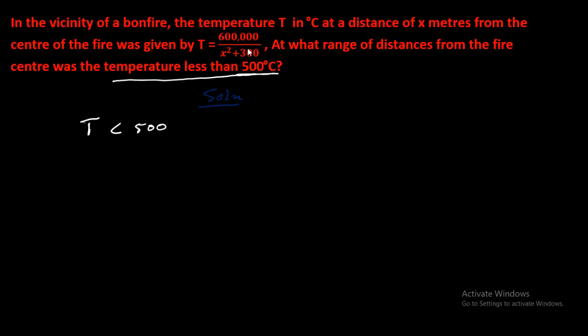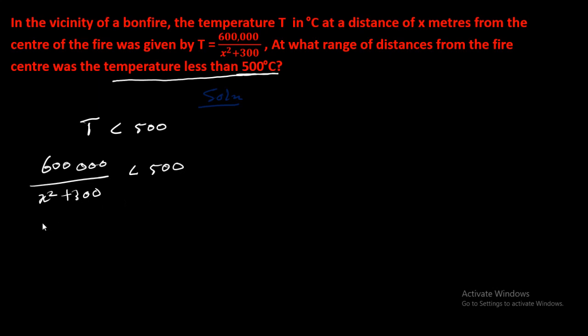We know that the temperature is denoted by T, so we replace T with 600,000 over x squared plus 300, and it should be less than 500. So we can cross multiply there.